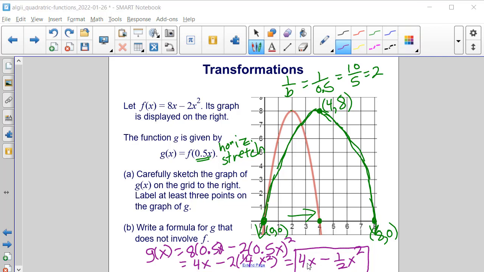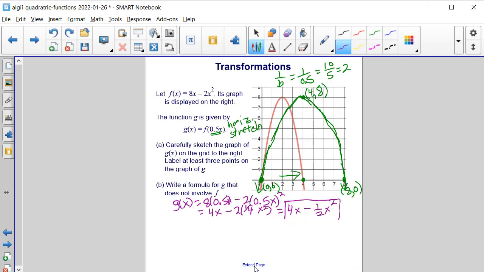And if we wanted to, now that we have the formula for g that does not involve f, we could factor this in order to find its x-intercepts or verify that they are 0 and 8. Let's actually do that really quick. So I can factor an x out of here, and I'm left with 4 minus 1/2 x.